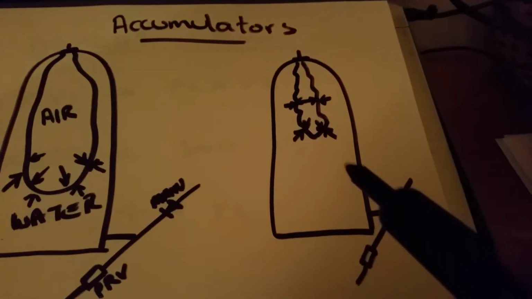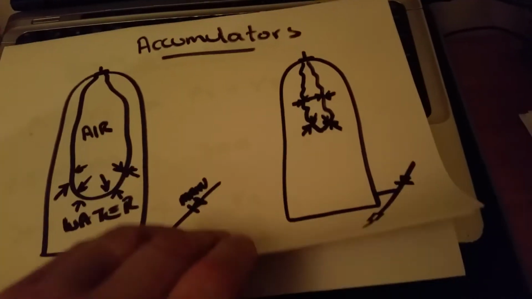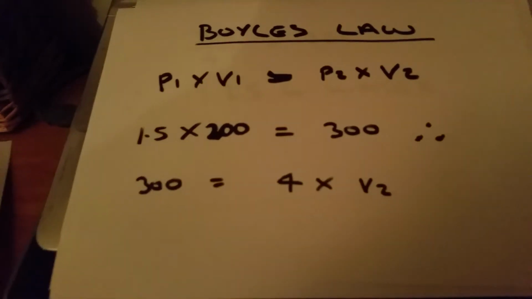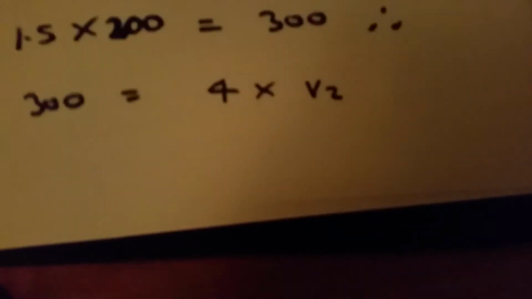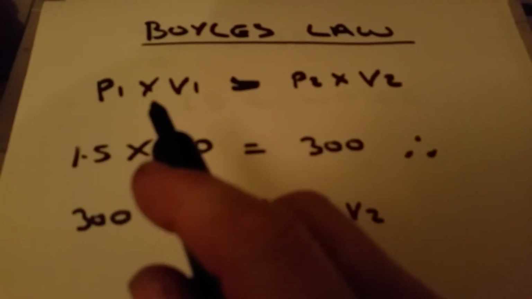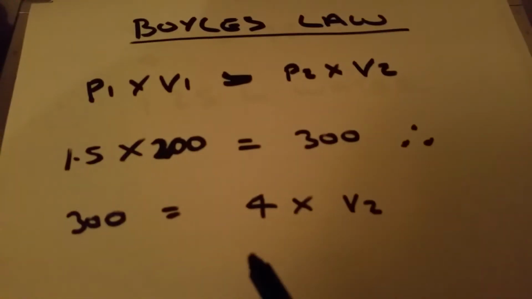So how do we work out this relationship? Well, what I had explained to me was Boyle's law. And Boyle's law is very, very simple. It is basically that P1 times V1 equals P2 times V2.